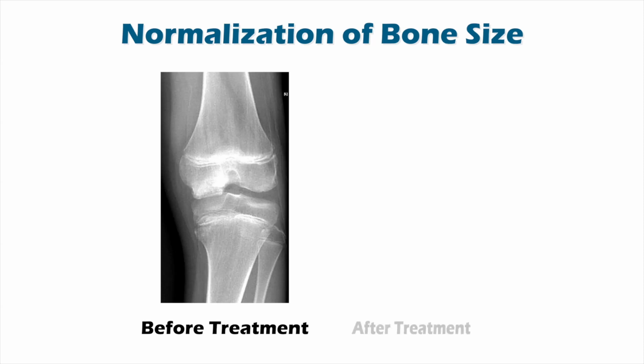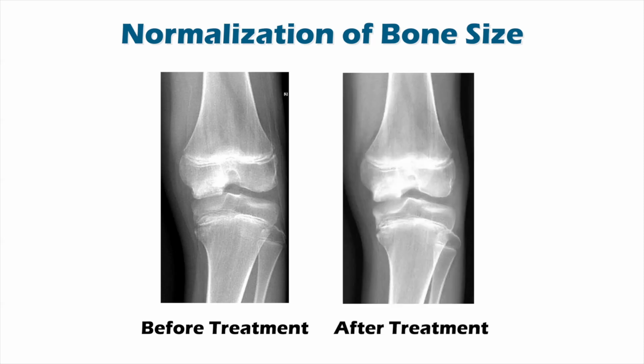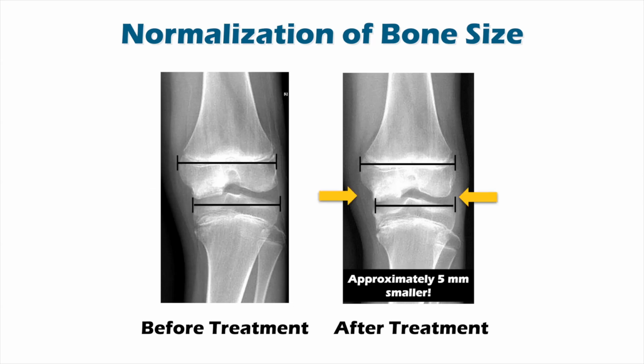On re-examination using radiography, with very careful attention to detail as far as size, the specialists who were following him were astonished at the change in the size of the bone after treatment. It actually shrank by 5 millimeters.